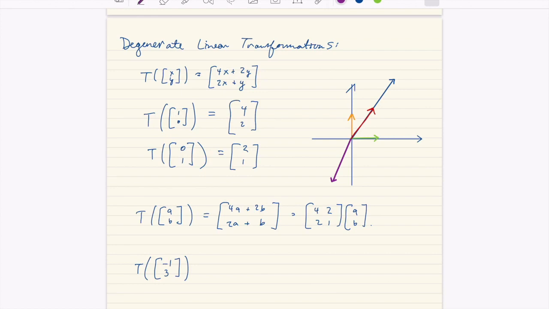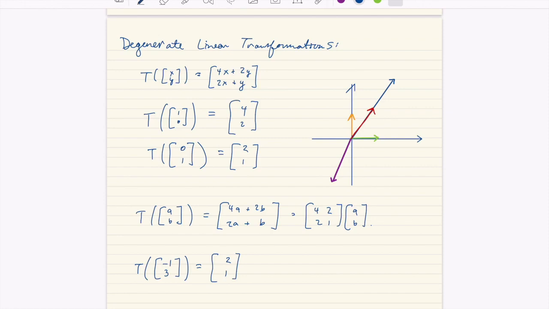And let's think about what our transformation says is going to happen here. Well, we're going to get -4 + 6 and -2 + 3. And this purple vector is also going to be sent to that vector (2, 1).